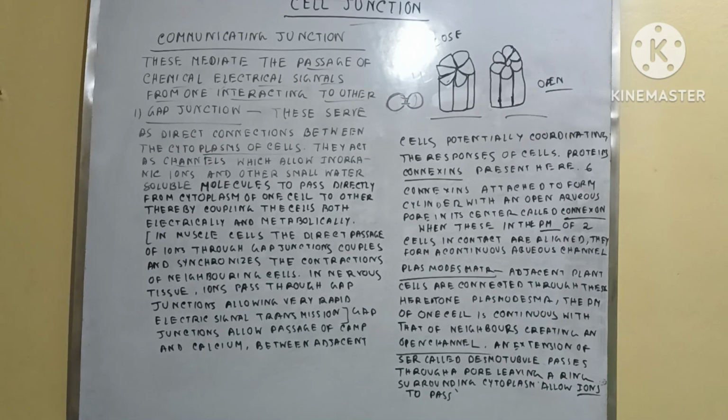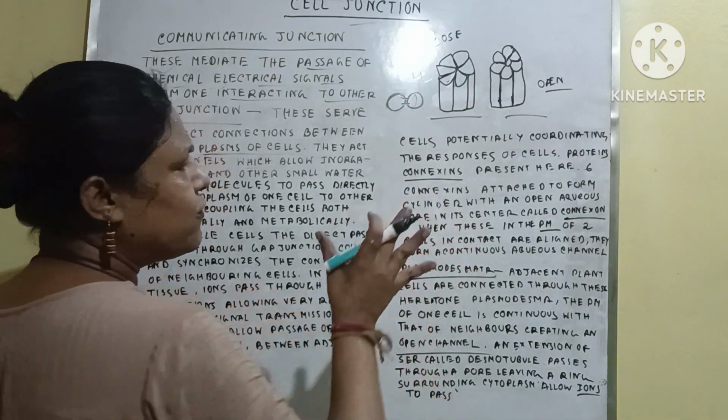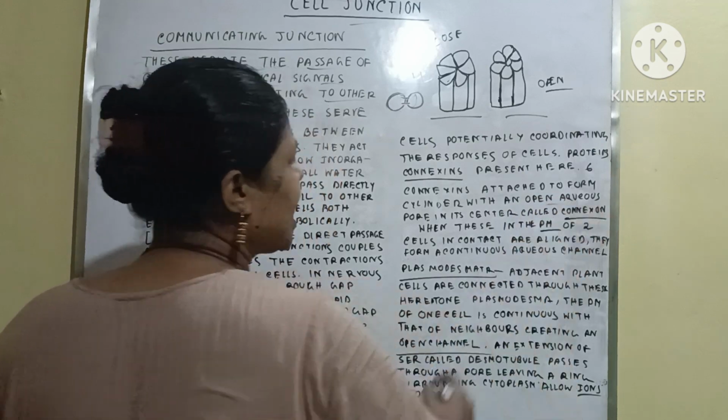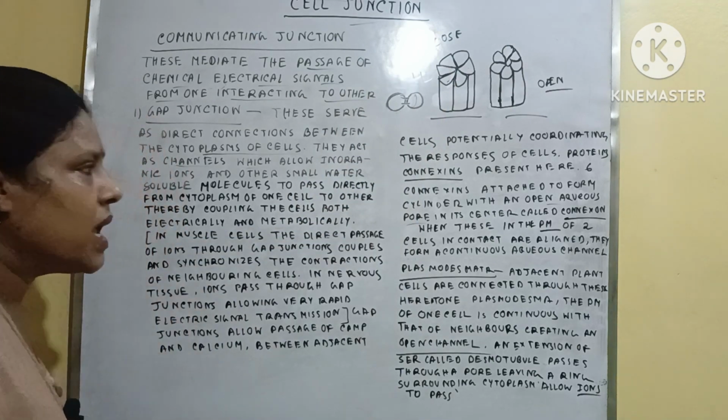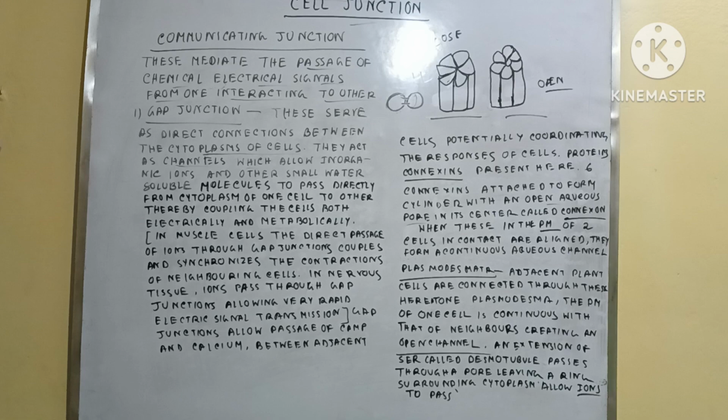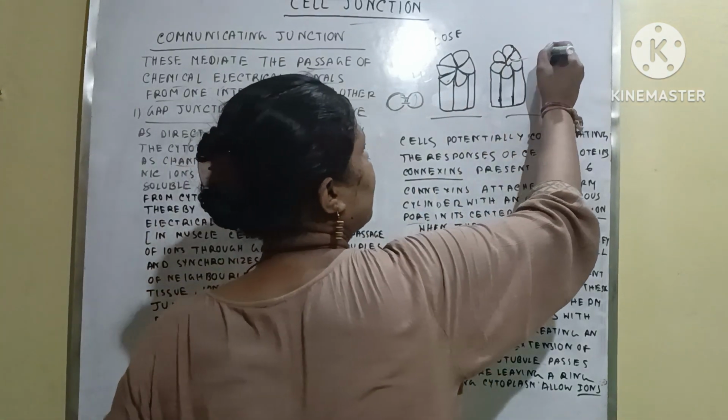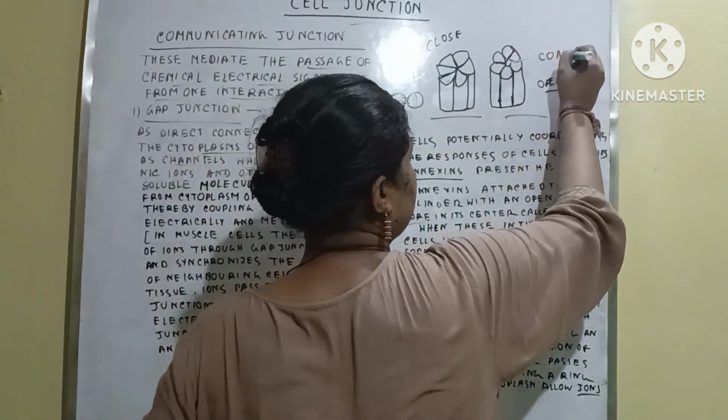This cylindrical structure is formed with an open aqueous pore, which sometimes may be open and sometimes closed. This structure is called the connexon.